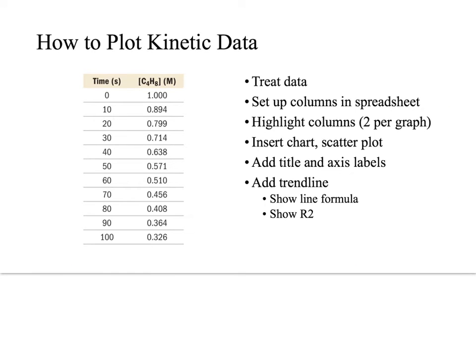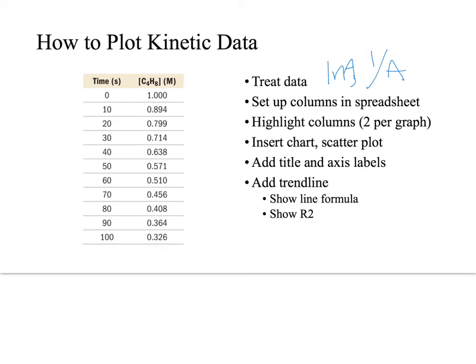Right, going over how to set up the graphs. Here's what we do step by step. We treat the data, and that is do the natural log and the reciprocal: natural log of A, 1 over A. We set up columns in a spreadsheet.